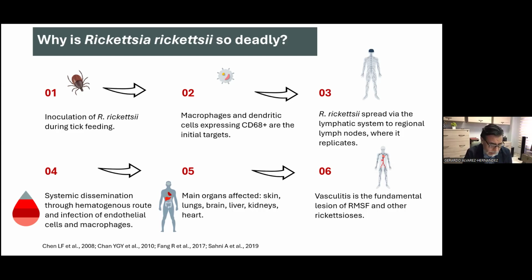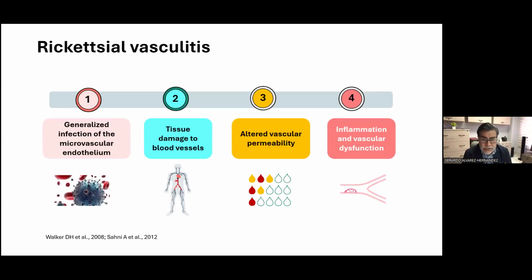So the damage to the endothelium, which is the key damage, the most important damage provoked by the infection, the damage to the endothelium of the dermis, the skeletal muscle, and vital organs such as the brain, heart, lungs, kidneys, and gastrointestinal tract results in the systemic manifestations observed in patients with RMSF.